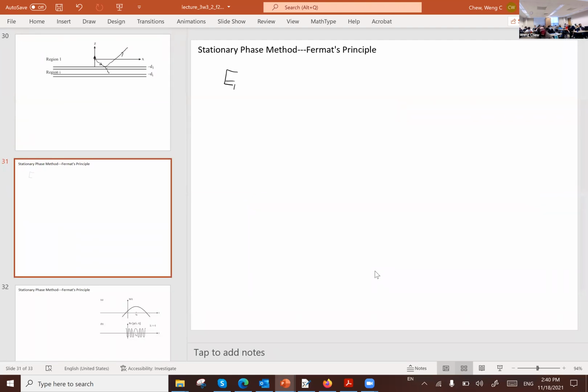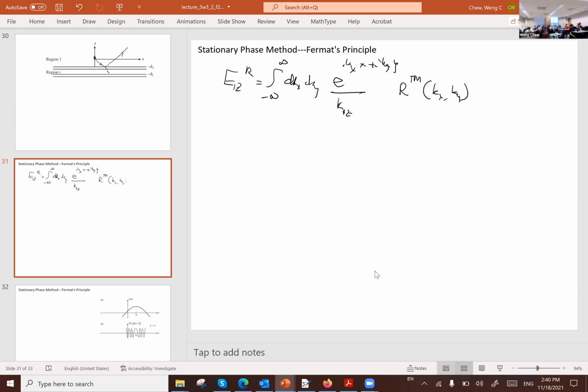Say if I look at E1z, the reflected waveform, I can use the Weyl identity and say that it just consists of a summation of plane waves in the kx and ky plane, in medium 1. I'm putting myself in medium 1. And then there might be some reflection coefficient involved because these are the TM reflection coefficient. Okay, e to the i k1z z, because this is a wave that bounces off. It bounces off with the TM reflection coefficient. It looks something like that.